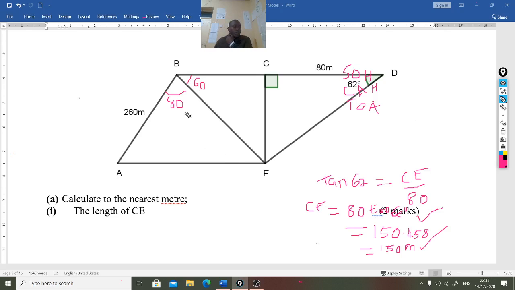Now that we have this side, we need this side so that we use the cosine rule, that's form 3, to get AE.